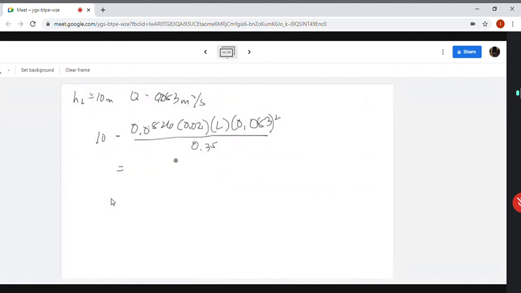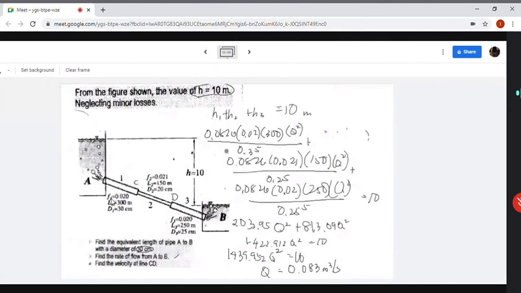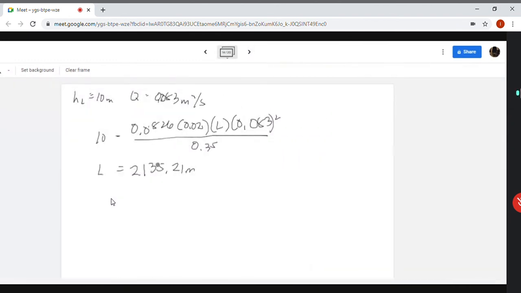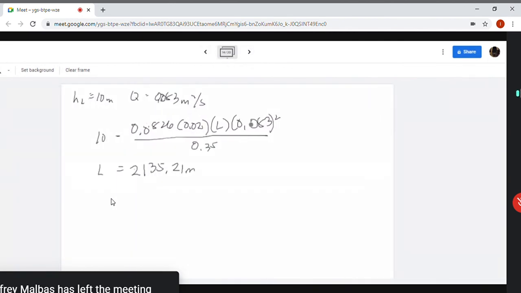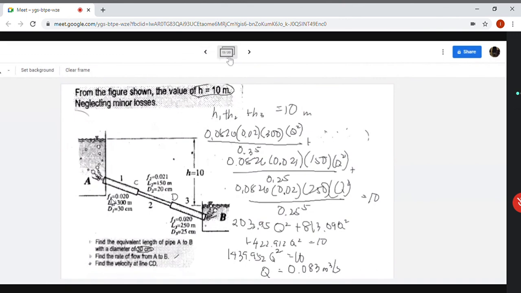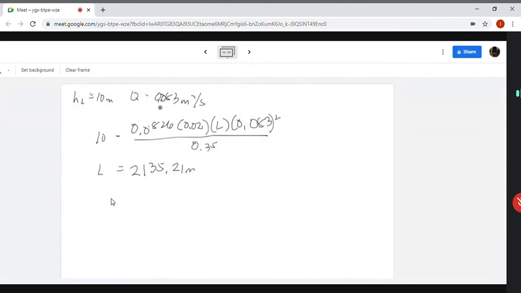Instead of using multiple lengths, 150 meters, 250 meters, and 300 meters, we use only one equivalent length.